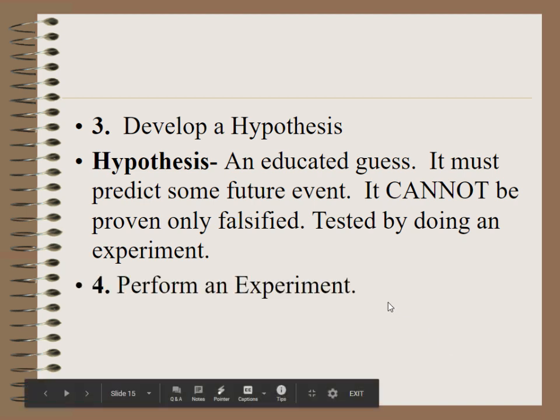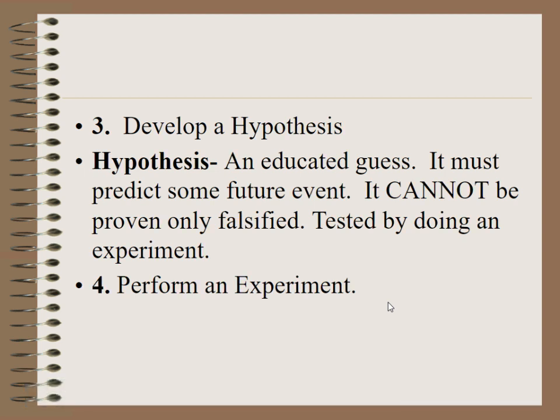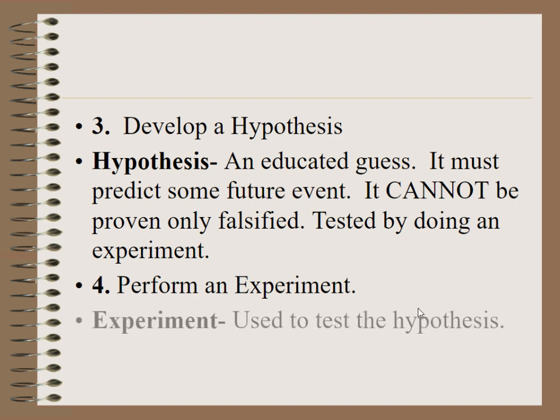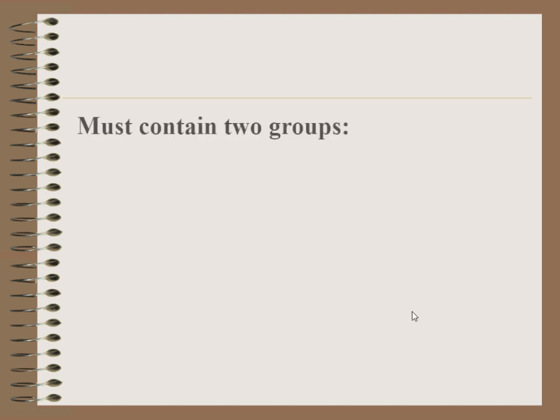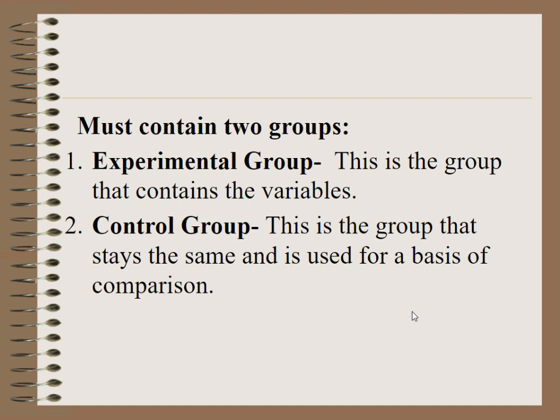A hypothesis cannot be proven, only proven incorrect. You can state a hypothesis, but it cannot be proven unless it is replicated and tested during the experiment. The experiment is how we test our hypothesis. Experimental group: this is the group that contains the variables.